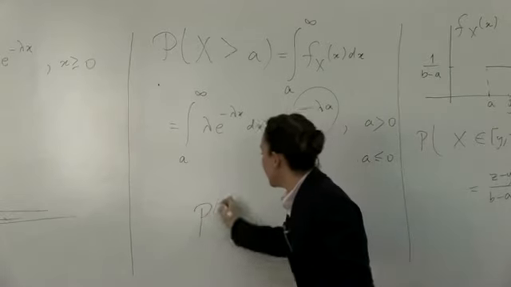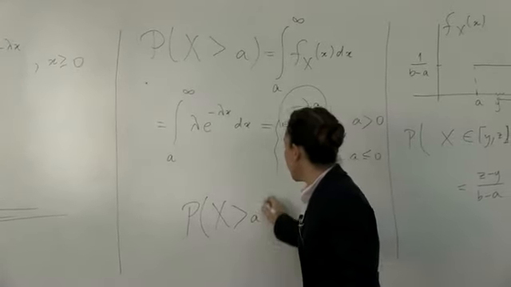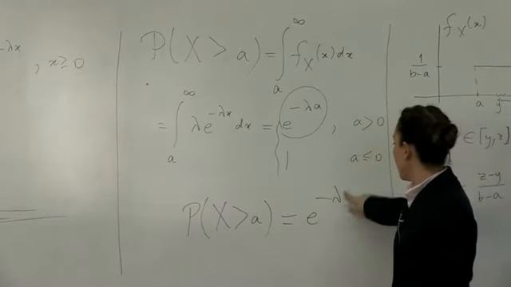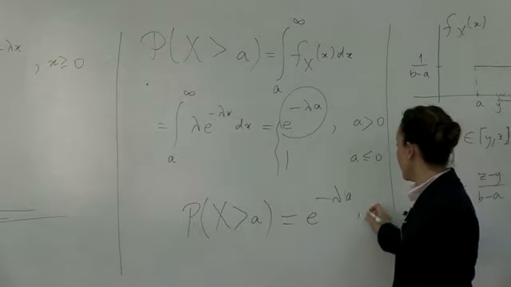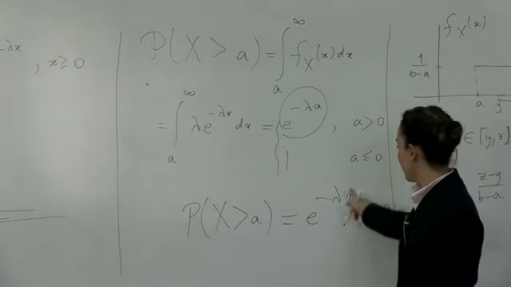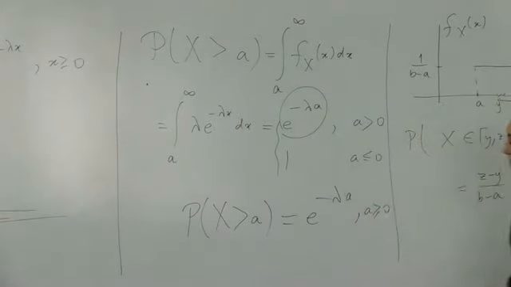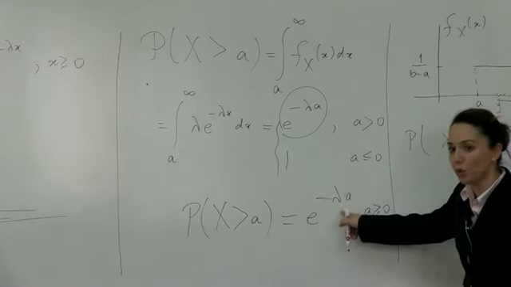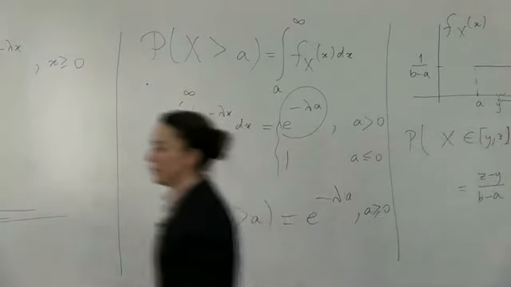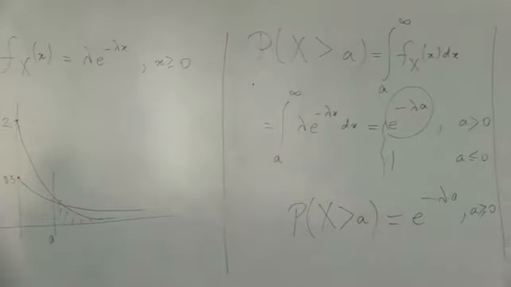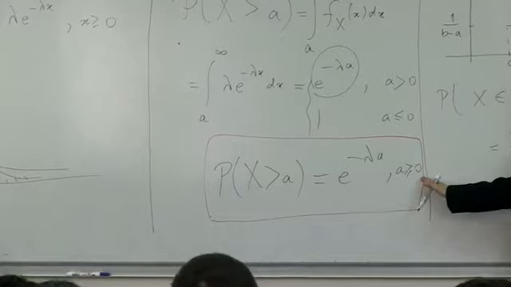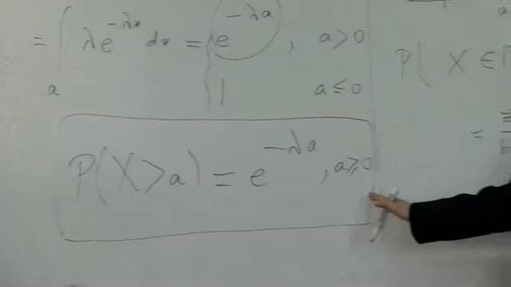The probability that x is bigger than a decays exponentially with a when a is positive or 0, and the rate of decay is controlled by lambda. The bigger the lambda, the faster the decay. This is what I suggest you remember about the exponential random variable.